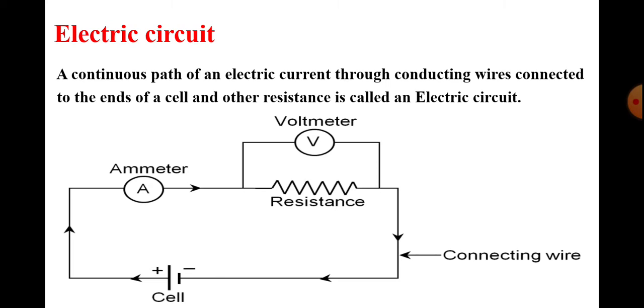In the circuit, an ammeter is used to measure current and a voltmeter is used to measure potential difference between the two ends of a resistor. As the voltmeter has a very high resistance, only a very small current flows through it.